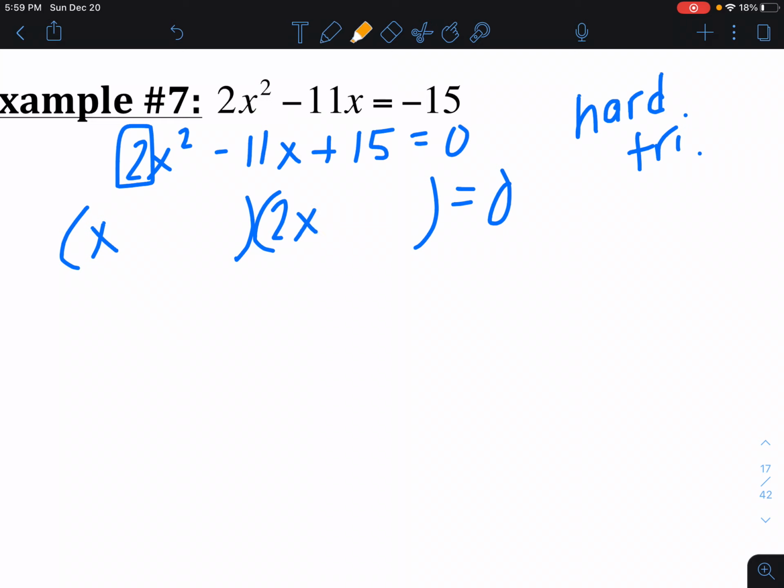We get lucky here when the c is a plus. So they're both the same. They're both minus. So that's always better when the signs are the same. And then we need factors of 15 to start doing our guesses. So factors of 15 are 1 times 15, 3 times 5. So let's do a guess.